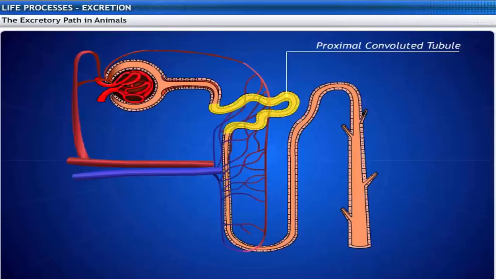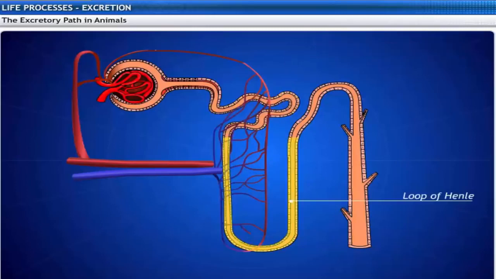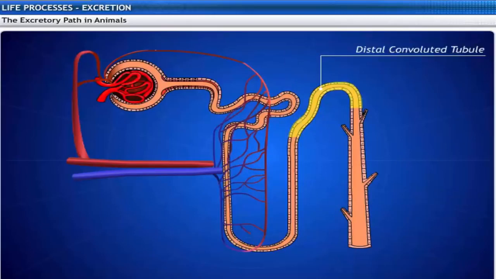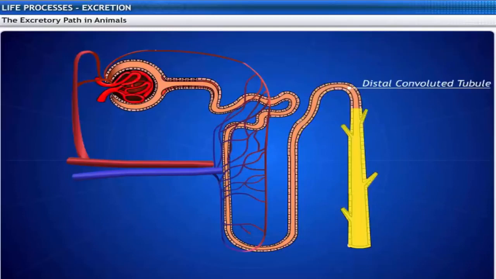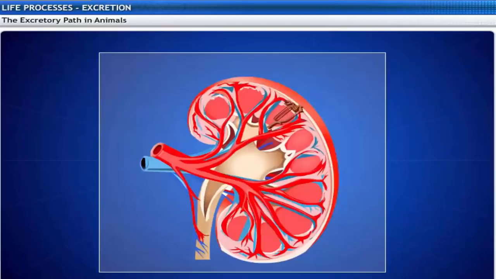The tubule makes a hairpin loop called the loop of Henle and joins the distal convoluted tubule. The distal convoluted tubule opens into a collecting duct which passes into the renal medulla.